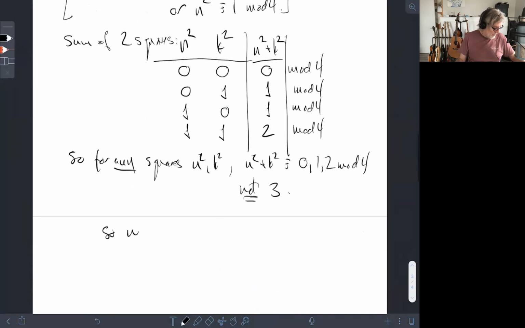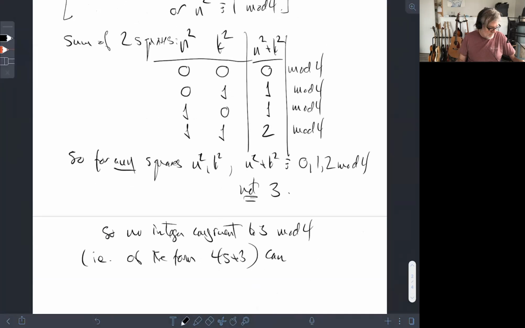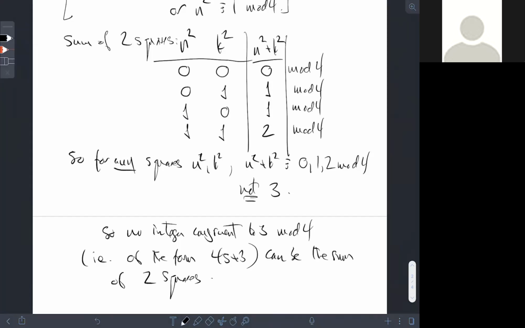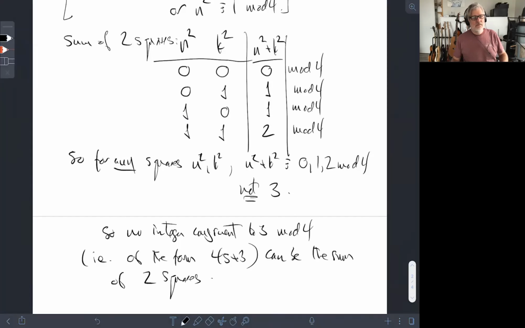So no integer congruent to 3 mod 4, in other words, of the form 4s plus 3, can be the sum of two squares. Is that okay? Yeah. All right. Good. Excellent. Okay, that's 39.